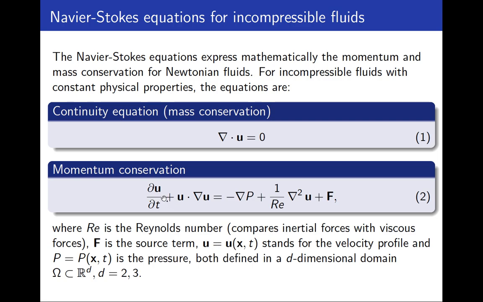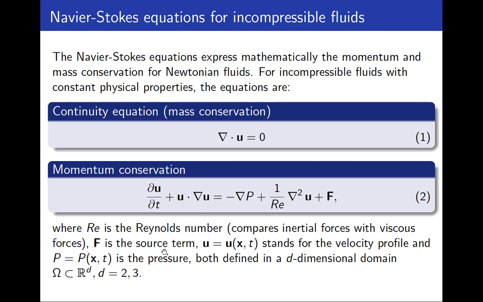I'm using here the bold notation, these bold letters represent vector quantities. So the velocity is a vector that is going to depend on both position and time. And P is the pressure. P is also going to depend on position and time.